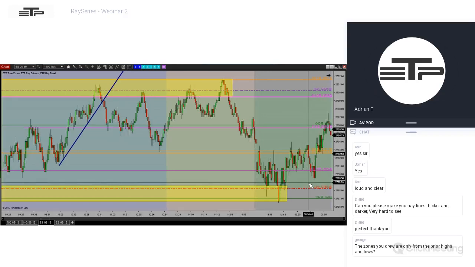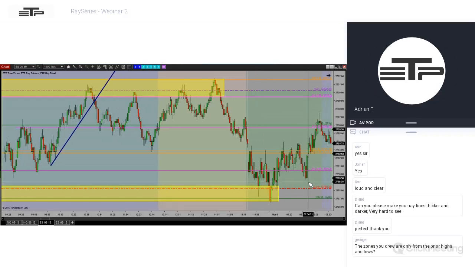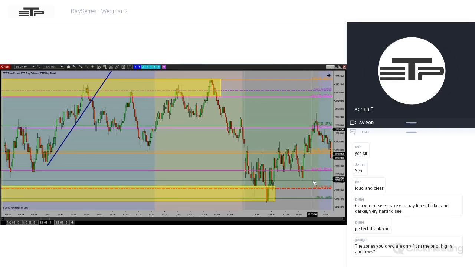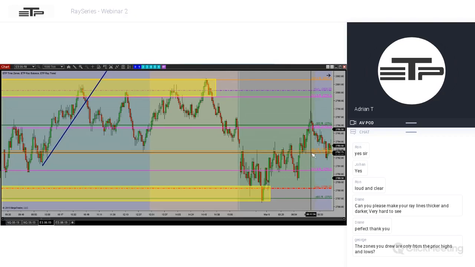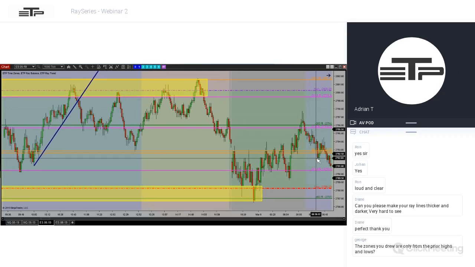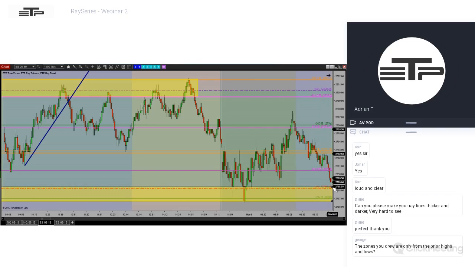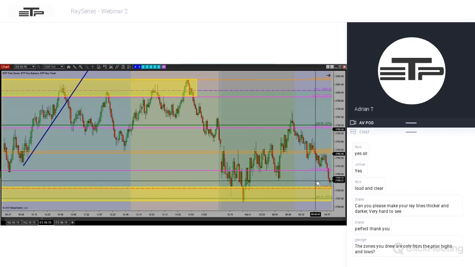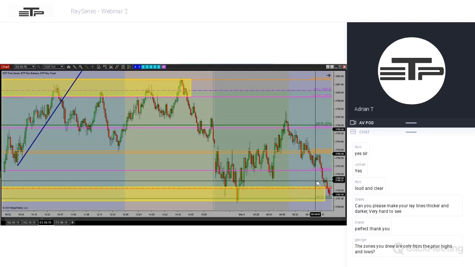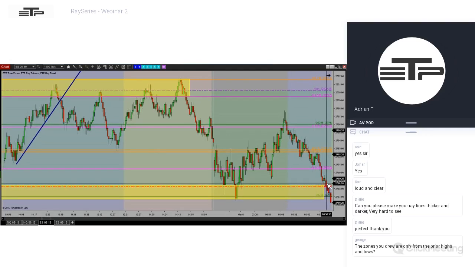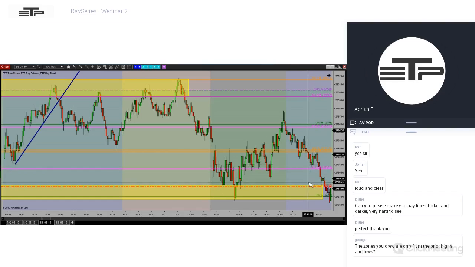Okay, we're still out of the trading time, and then trading time starts. Okay, so moving forward, price is coming back into this zone. Oh, and it completely just obliterated through it.